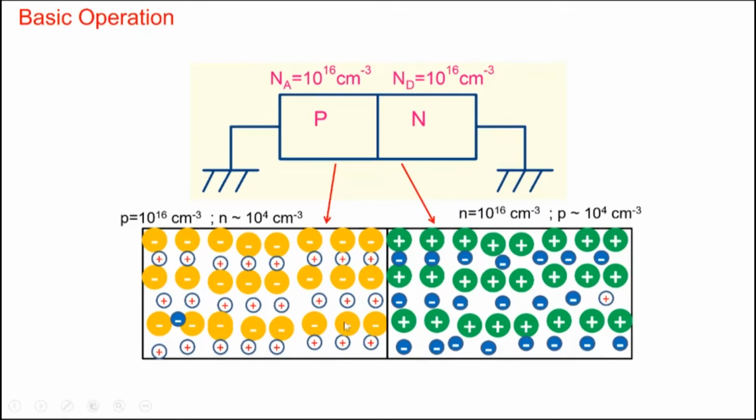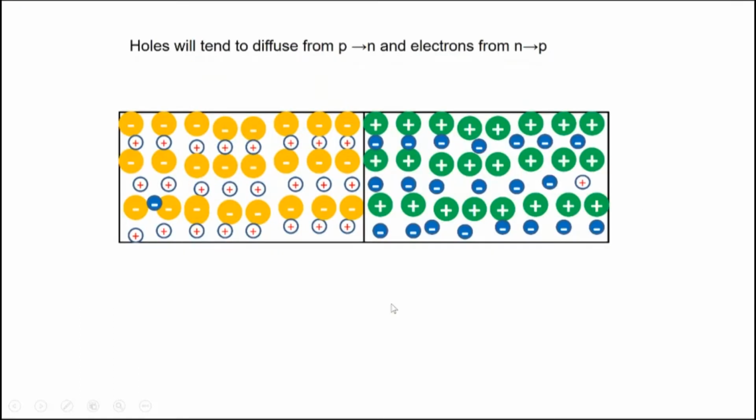So let's imagine that the P-type region and the N-type semiconductor are brought together, just to understand the behavior of the PN junction, or how it would act if the two regions are brought into contact with each other. Let's see what happens.